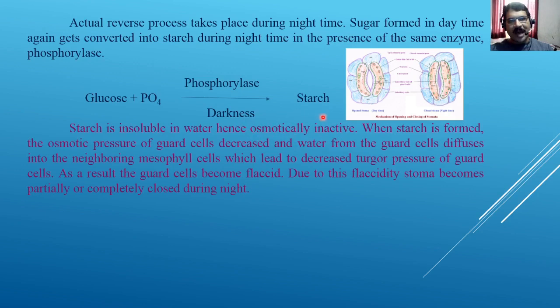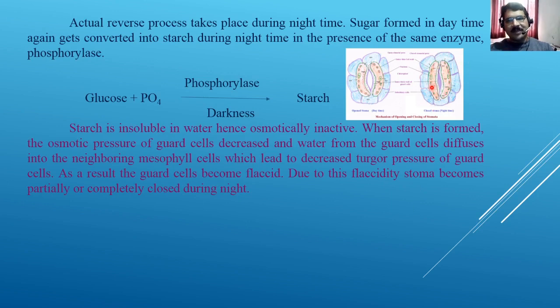When starch is formed, the osmotic pressure of the guard cells decreases, and water from the guard cells diffuses into the neighboring mesophyll cells, which leads to decreased turgor pressure of the guard cells. As a result, the guard cells become flaccid, and due to the flaccidity, the stoma becomes partially or completely closed during night time.